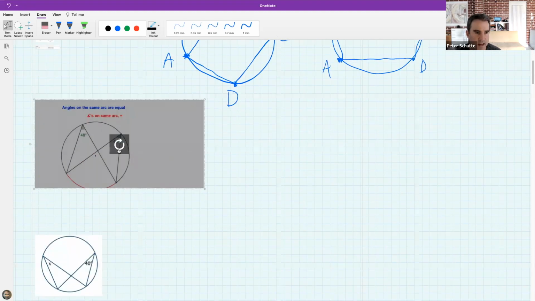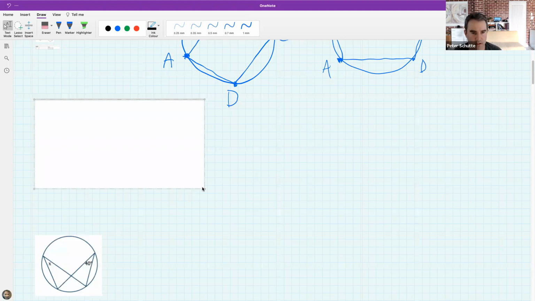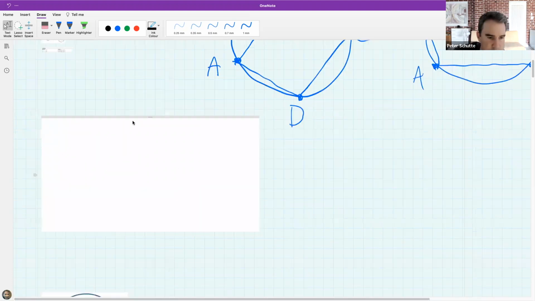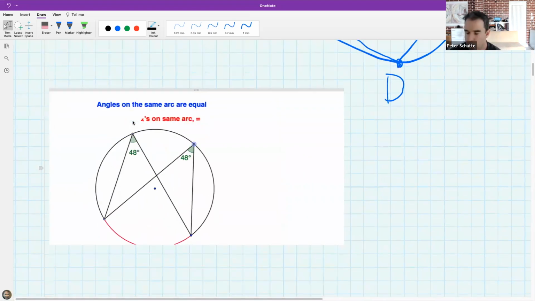Okay. So the first theorem for today relates to this picture that I'm going to show you now when it comes out here. And let me zoom in a bit. Okay, so if I look at this theorem, you will see it says angles on the same arc are equal.